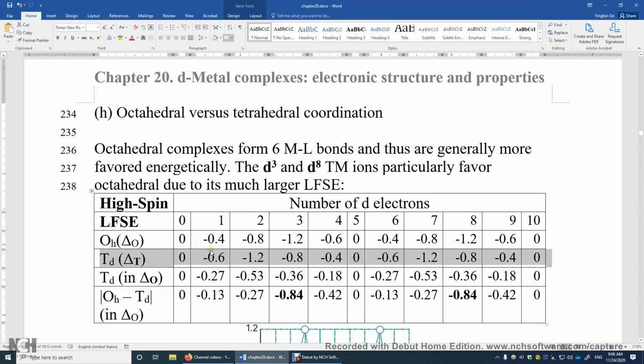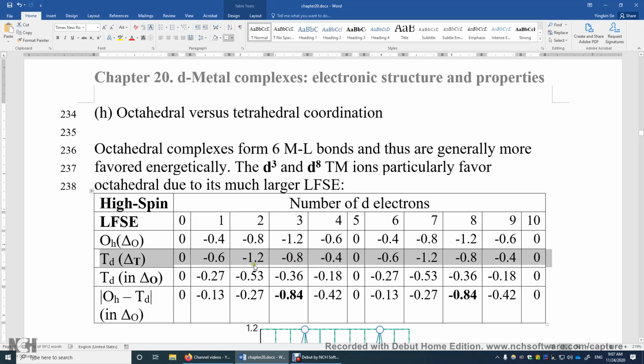So when you have only 1 d electron, it occupies one of the 2 doubly degenerate orbitals. The LFSE is negative 0.6 times delta T. And then we have 2 electrons there, just negative 0.6 times 2. When you have 3 d electrons, because we're talking about the high spin electronic state, you need to put one of the 3 electrons in the higher energy T2 orbitals.